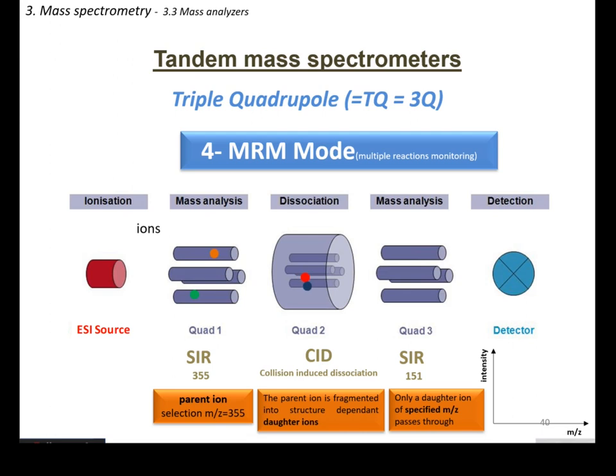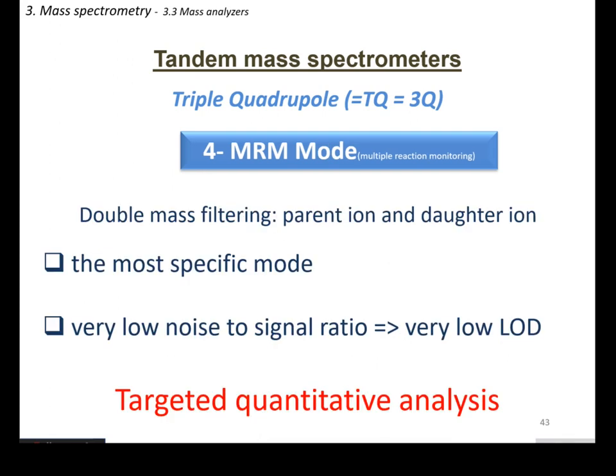And of course, at each time of the cycle, the same operation is repeated and you obtain every time the same mass spectrum. So remember, double mass filtering, parent and daughter, it is the most specific mode of a triple quadrupole, and you have very low noise to signal ratio, so very low limit of detection, LOD. It's widely used for targeted or multi-targeted quantitative analysis.